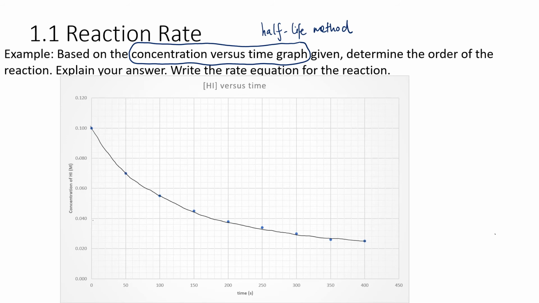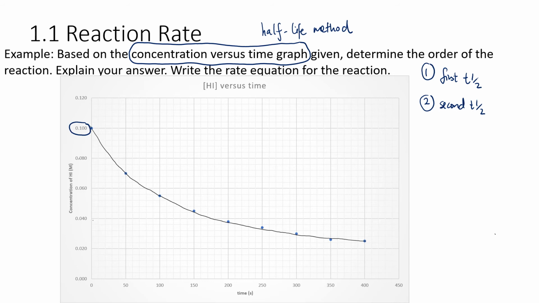You need to first determine the first half-life, and second, determine the second half-life. Then, based on the features of the first and second half-life, we determine the order of the reaction. For example, in this question, we are given an initial concentration of 0.1.